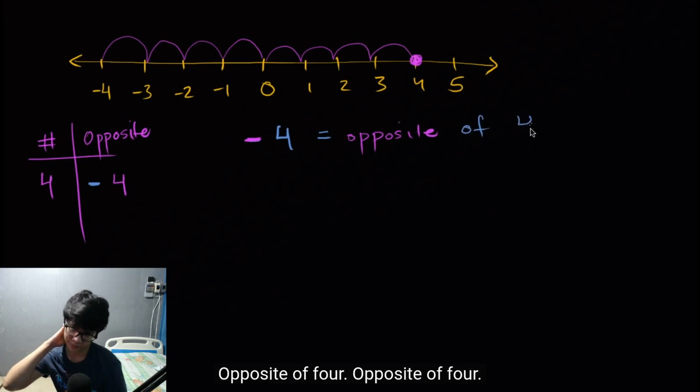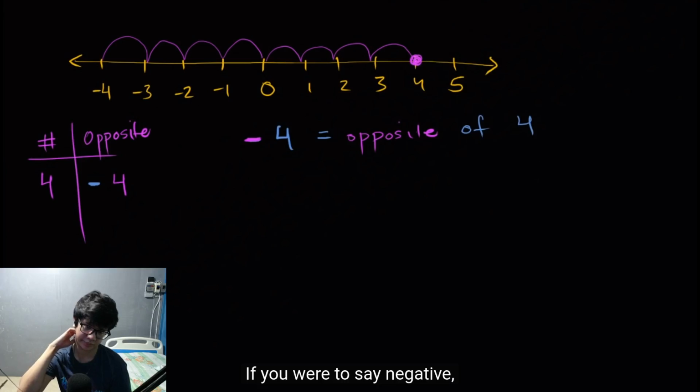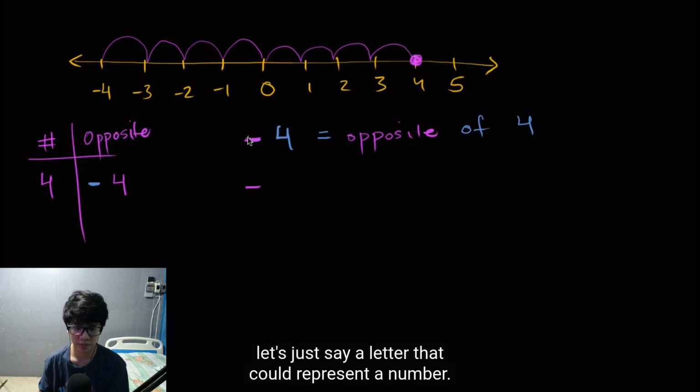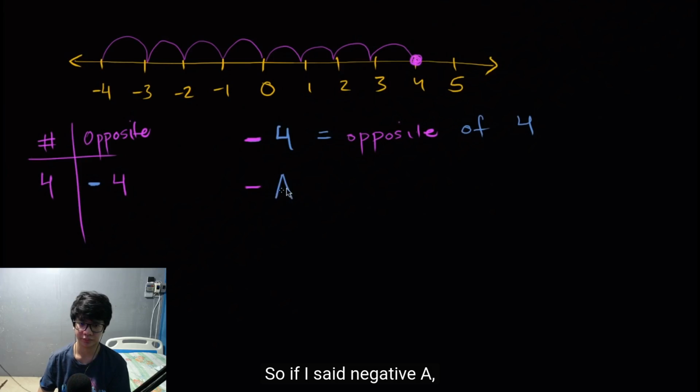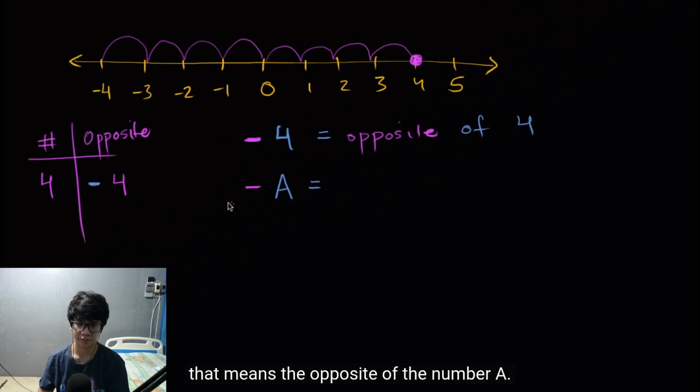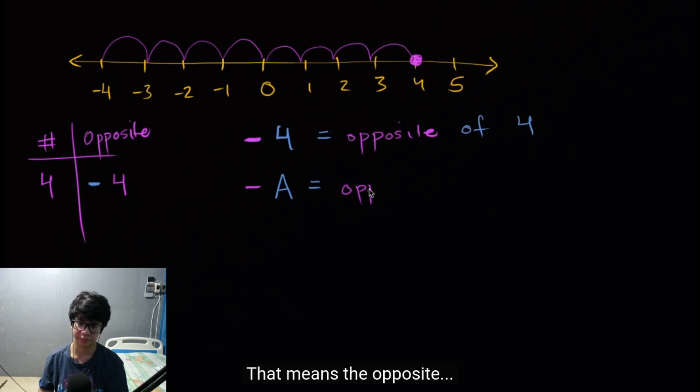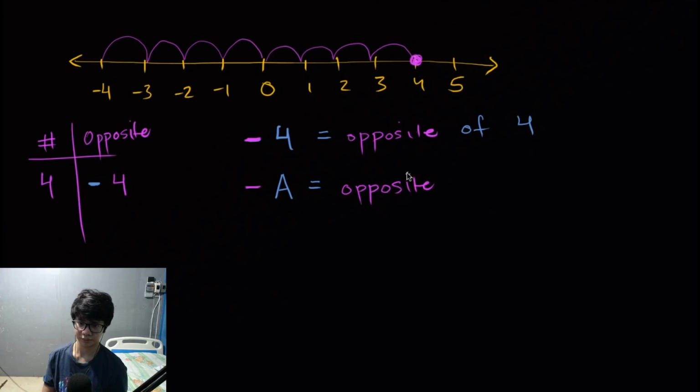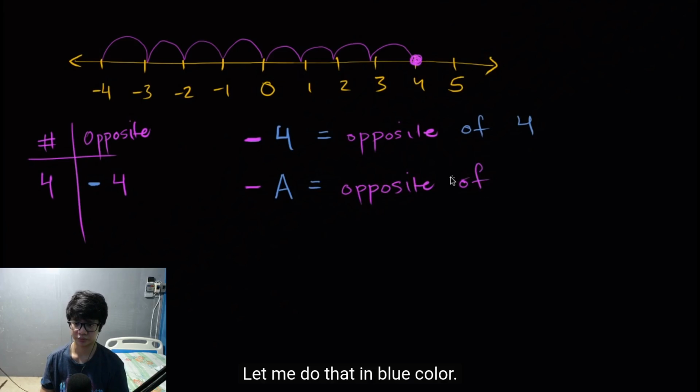If instead of a specific number, we use a letter that could represent a number, and I say negative a, that means the opposite of the number a.